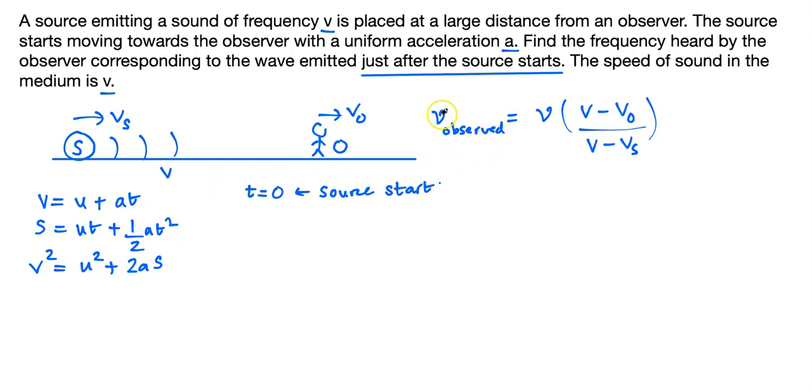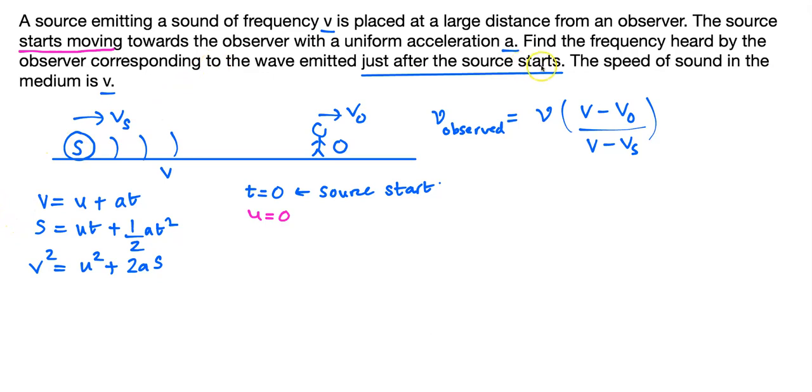What is the speed of the source at t equal to 0? The source starts moving, that's what the problem says, so u equals 0. And we want to find the frequency heard by the observer just after the source starts, so basically when the speed of the source is 0.